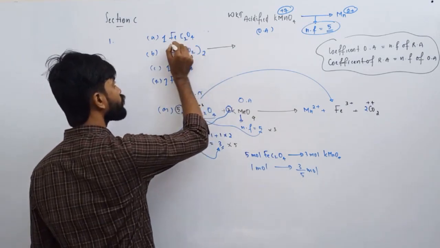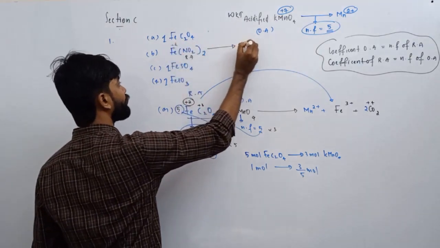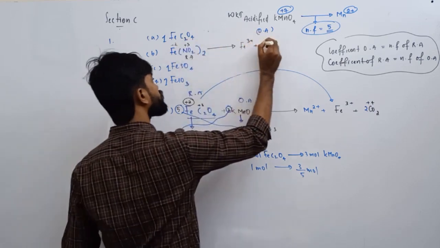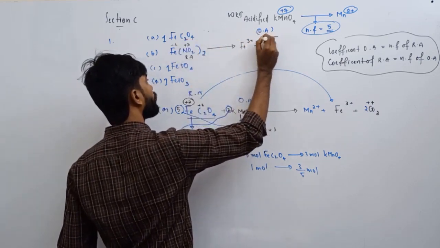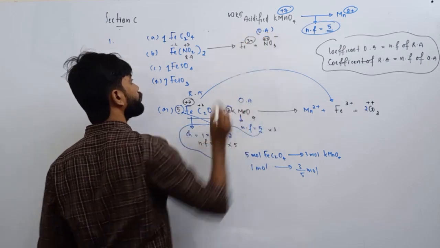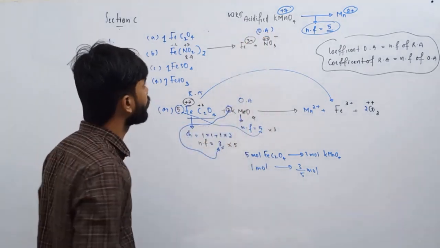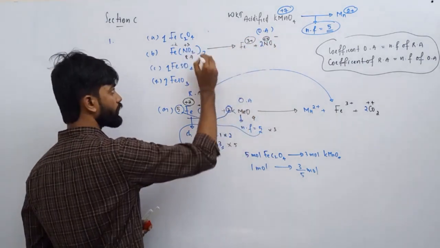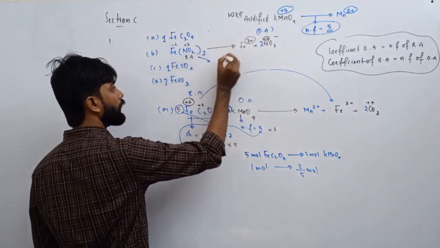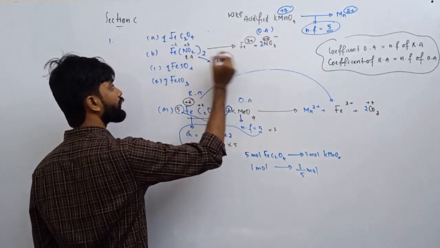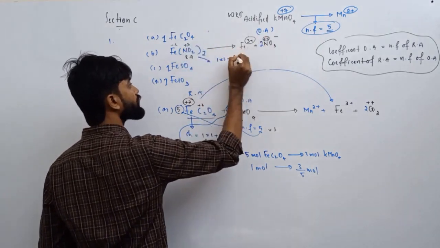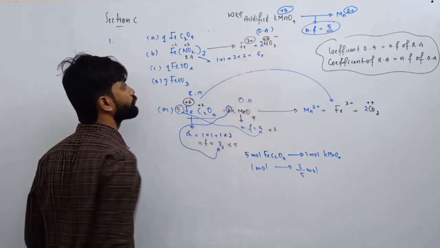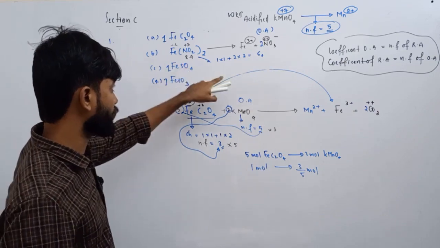So let me find the n factor. Your +2 iron turns to +3, Fe3+, and your +3 nitrogen oxidizes to +5 nitrogen. We have two nitrogen, so 2. So what is the n factor? For iron, that is 1 into 1. For nitrogen, from +3 to +5, the change is 2 into number of nitrogen 2. So the n factor is 6. The n factor of the reducing agent is 6.